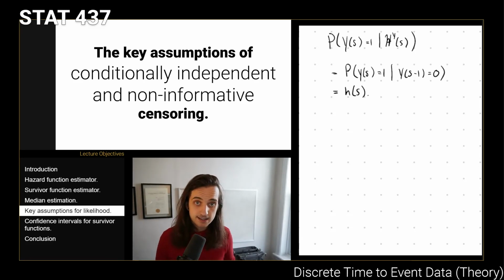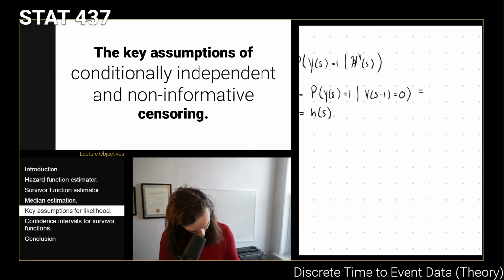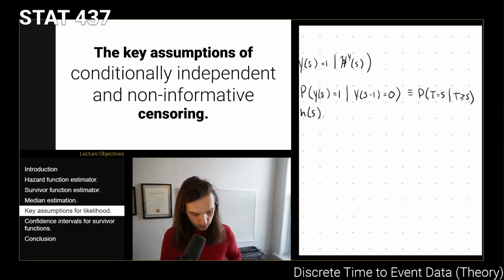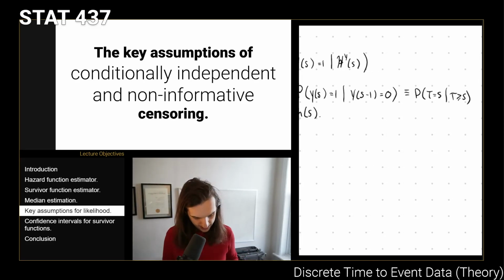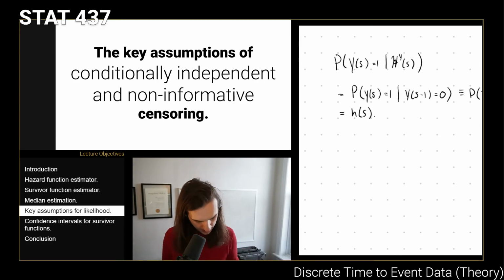This is the exact same thing as saying, what's the probability that t equals s given t is greater than or equal to s? The event has not yet happened. What's the probability that it happens right now? So this term that we have right here is exactly equal to our hazard function.